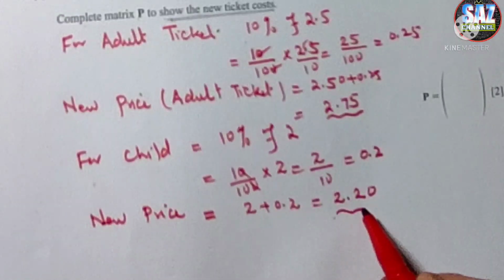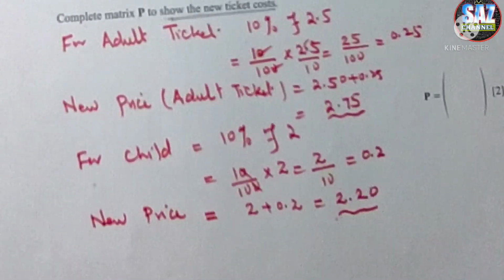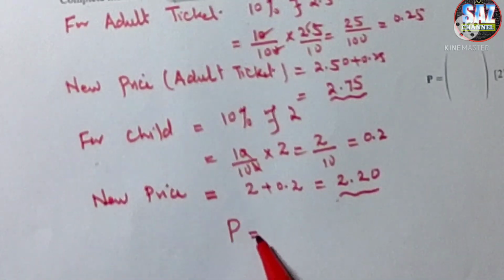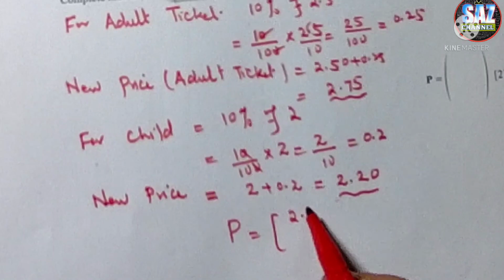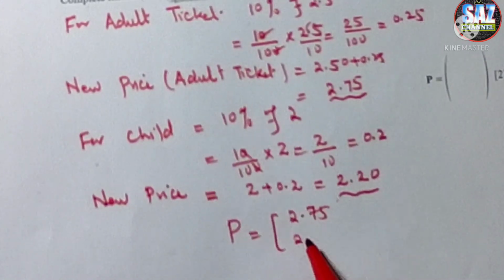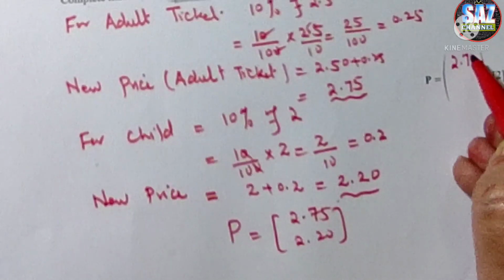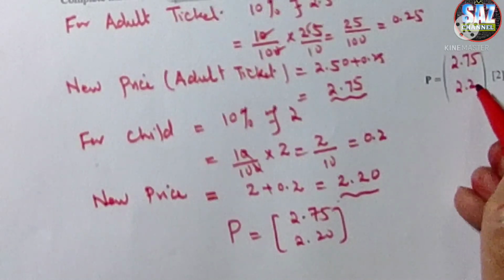And as we have to give our answer in the form of matrix P, matrix P will have the entries 2.75 and 2.20.